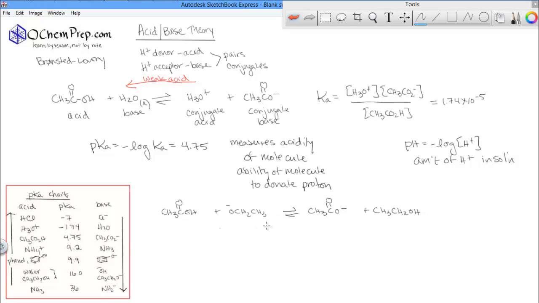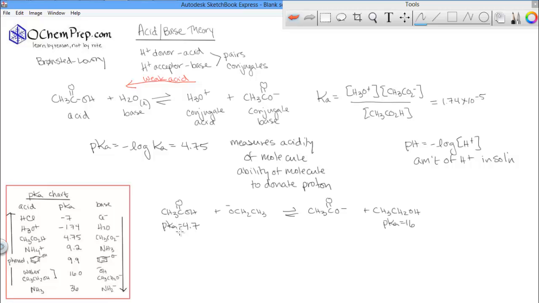Even if you don't understand what's going on, let's look at the pKas. In other words, if you can't recognize what's going on. The pKa of ethanol is 16. The pKa of acetic acid is 4.7.